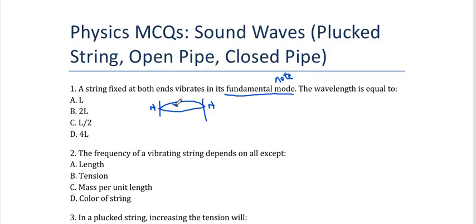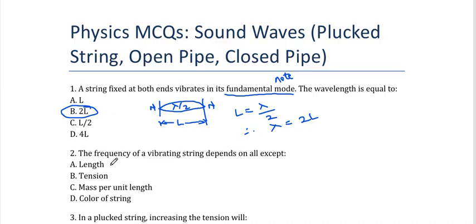The distance between two nodes is lambda over 2. That means the length of the string in its fundamental note is lambda over 2, so lambda is going to be equal to 2L when you cross multiply. So the answer to this question is B.